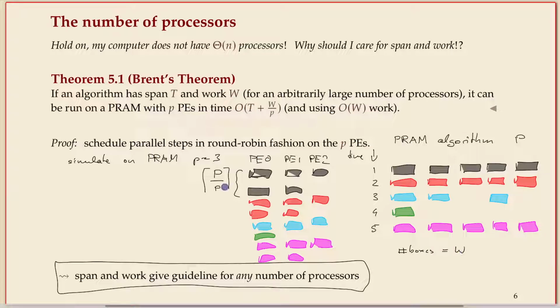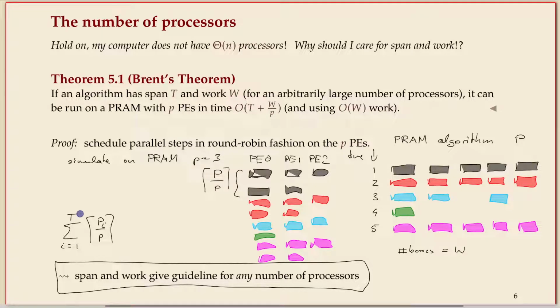So if you sum up this term over all the phases we've done on the left, this capital P will sum to work. In a way, it's how many are active at each point in time.